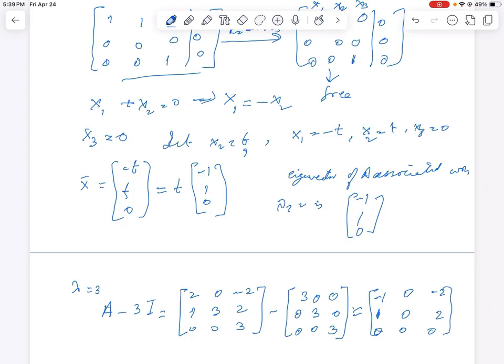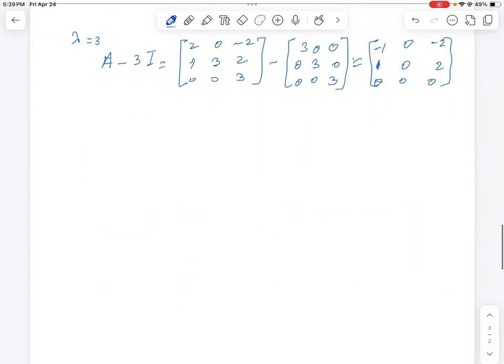So now remember, like before, we take this matrix -1, 0, -2, 1, 0, 2, and 0, 0, 0, and we augment the 0 vector. And now we do the row operations, not too many to be done here.